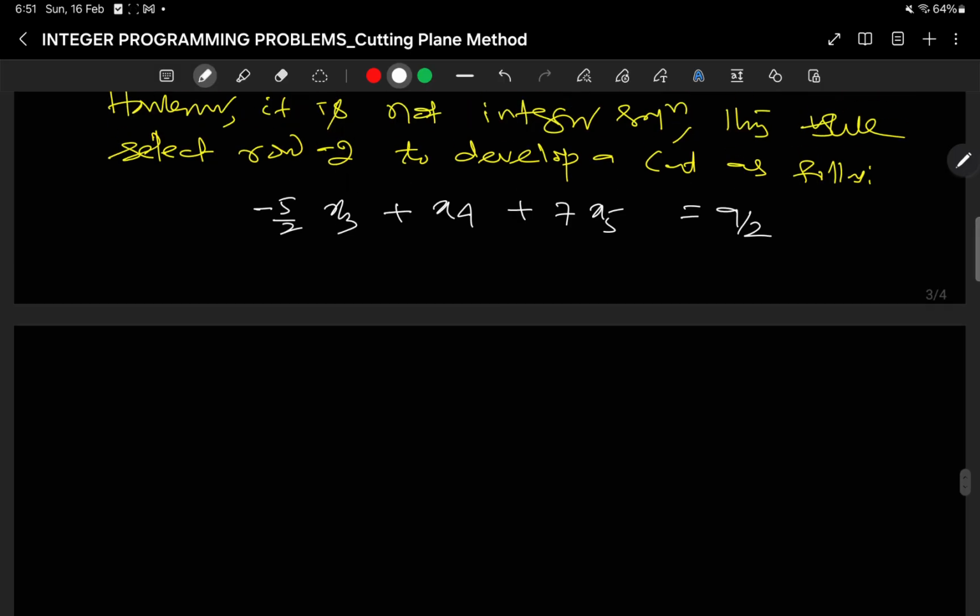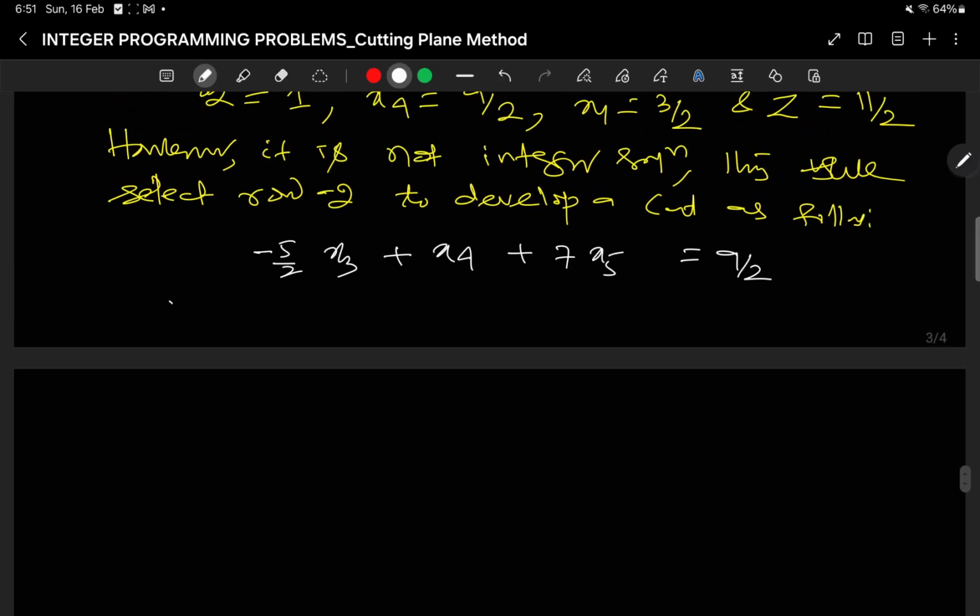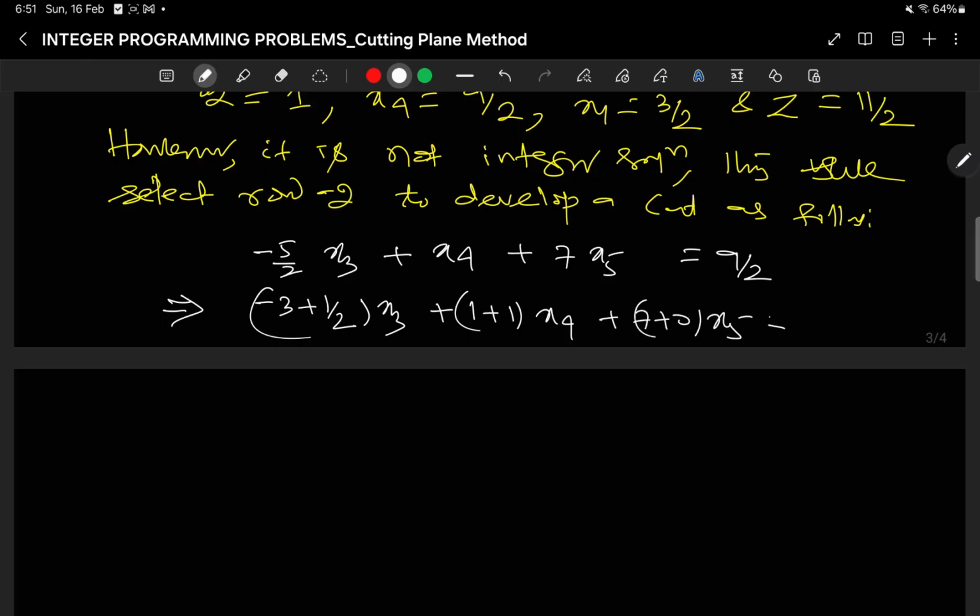So we have a cut. Okay, so this implies we just rewrite it. It is minus 3 plus half x3 plus 1 plus 1 x4 plus 7 plus 0 x5 is equal to 4 plus half here.